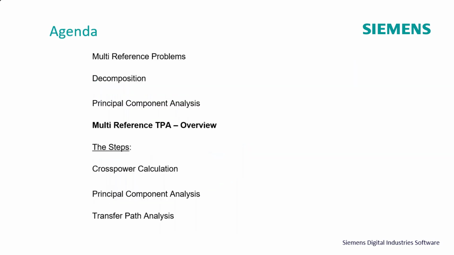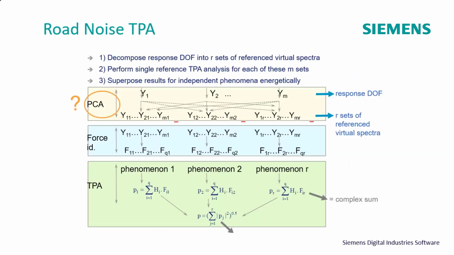So multi-reference TPA, the overview. Basically, we're going to take the original cross power operational data for all of the references. We're going to use principal component to decompose it into a set of virtual references. Then we're going to do single reference TPA analysis, usually using matrix inversion, using this operational data.